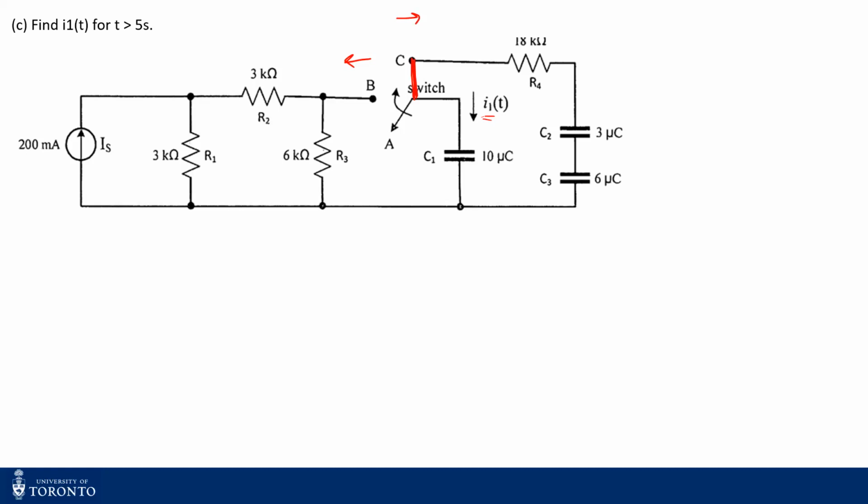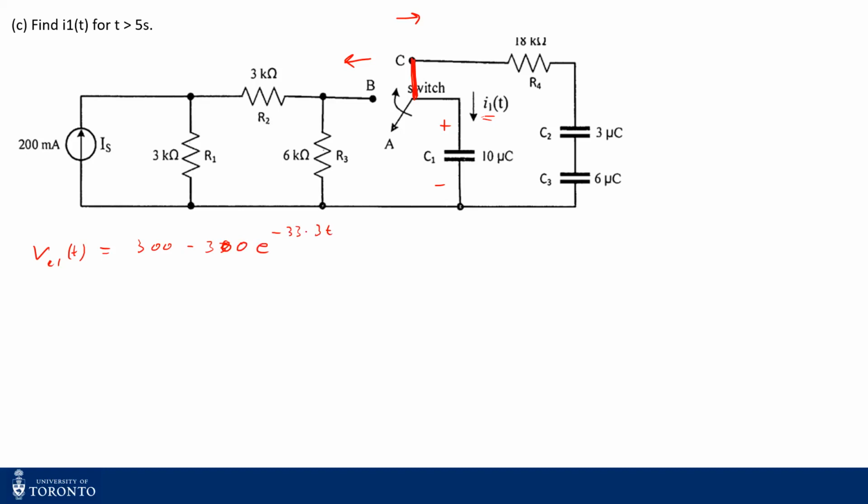Now we know the voltage across the capacitor C1 at 5 seconds. We know the voltage equation for C1 from when it was at position B: 300 minus 300 e power minus 33.3 t.